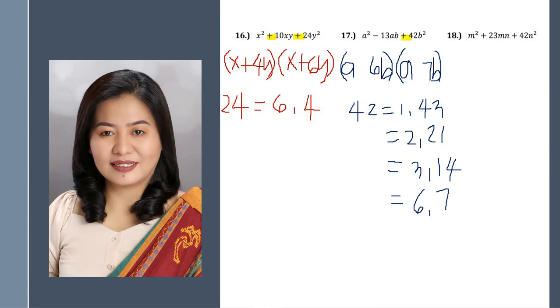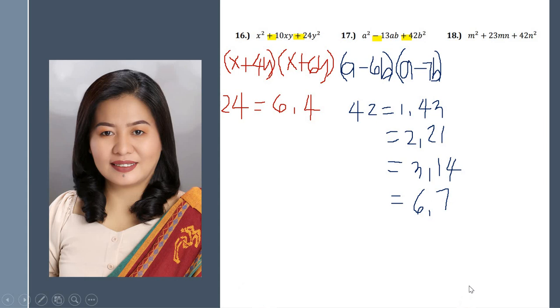The last term has a positive sign, so both will have the same sign, but the middle term is minus, so we'll be following the sign of the middle term. So that will give us negative 6b minus 7b is negative 13b, negative 6b times negative 7b is 42b squared. So the factors of a squared minus 13ab plus 42b squared are a minus 6b and a minus 7b.